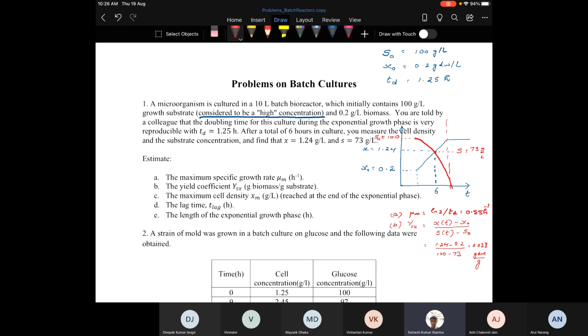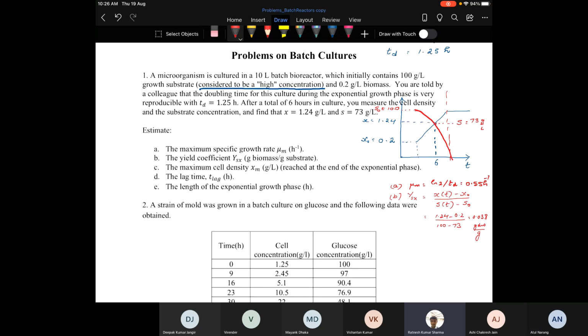Sir, it will be exactly like the substrate concentration. I'm sorry, can you repeat what you said? I couldn't hear it clearly.